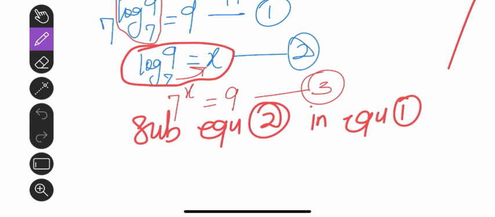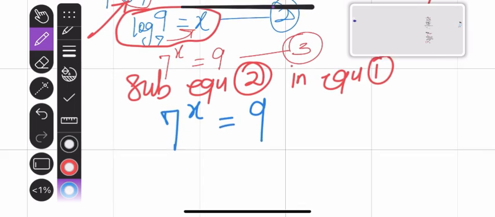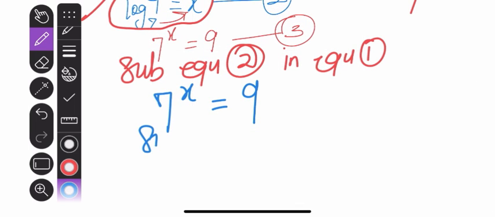However, instead of putting log 9 base 7, I'm just going to write 7 to the power of x, because I already made it equal x in equation 2. So 7 to the power of x is equal to 9. Let's call this equation 4.